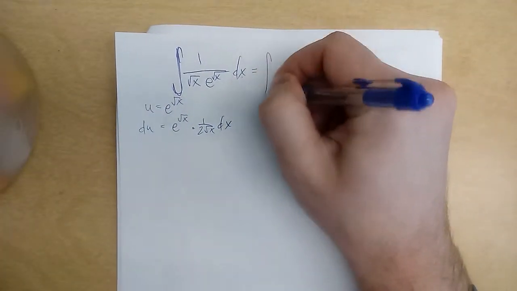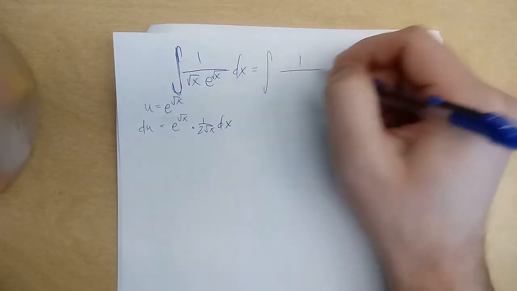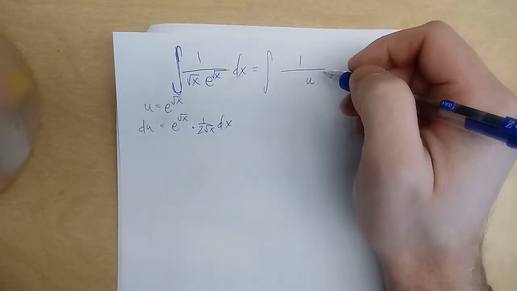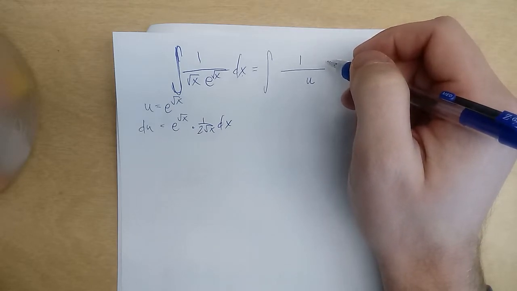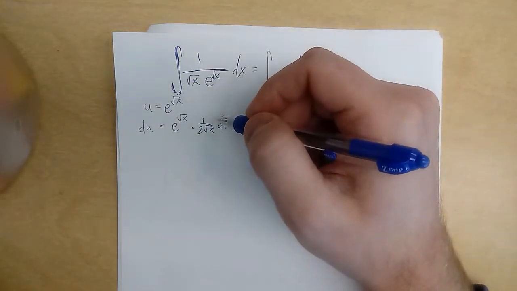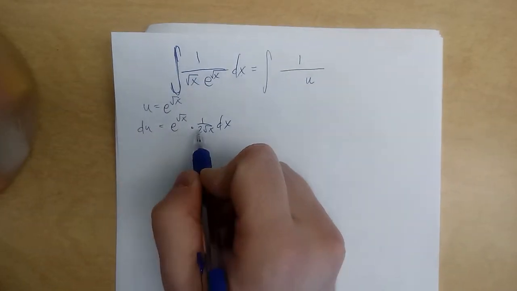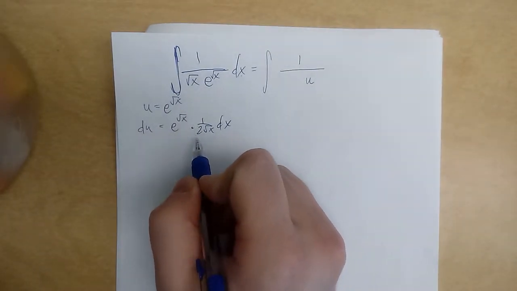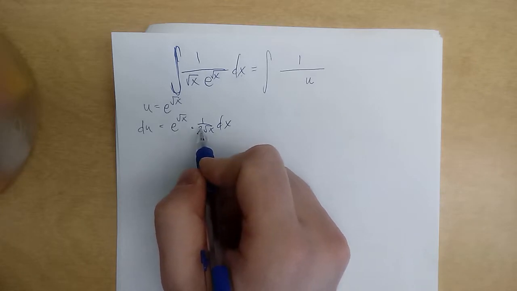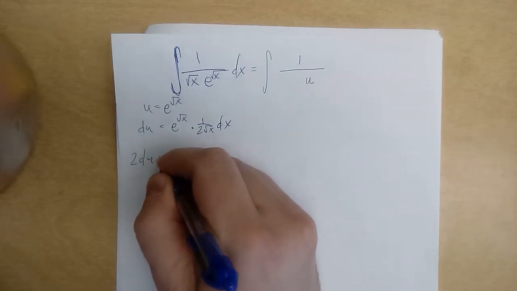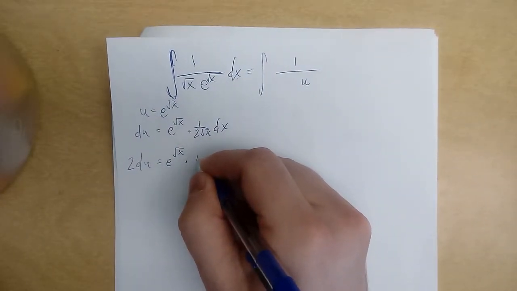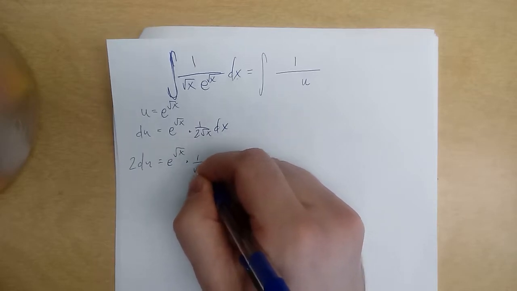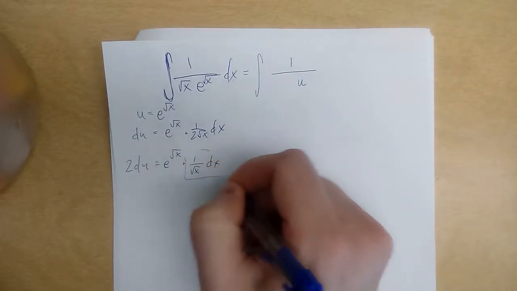If I say the integral of 1, there's a u here. And so du is going to be, I can multiply both sides by 2 and say 2 du is equal to e to the radical x times 1 over radical x dx, which that's there.